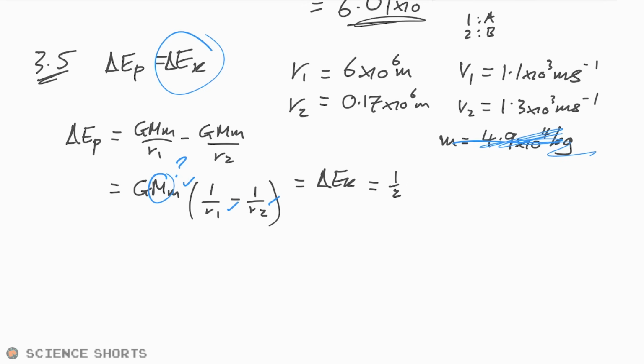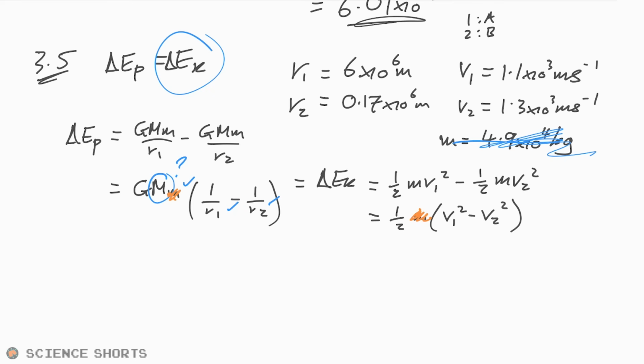That's going to be equal to half mv1 squared take away half mv2 squared. And so, again, we can factorize. So that's half m, then v1 squared take away v2 squared. And look, we've got an m on both sides. So we don't actually need that. It will be true regardless of how heavy the probe is. And quite often that is the case, as you know, with gravity.